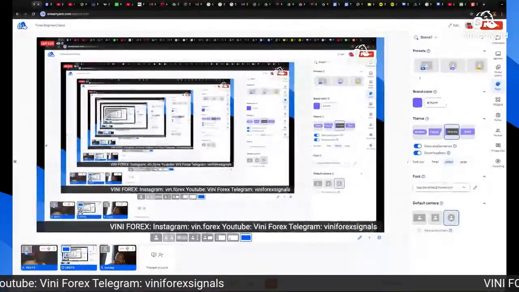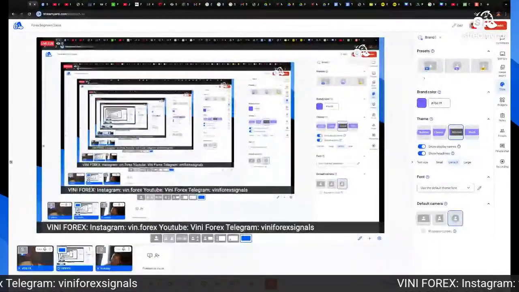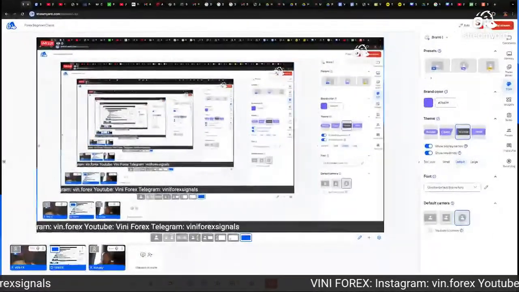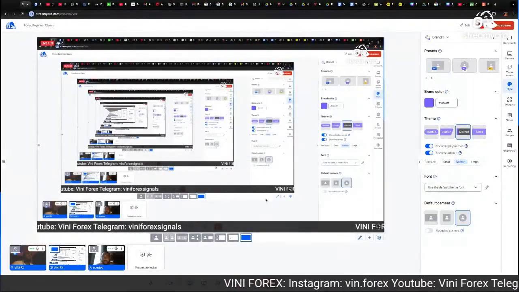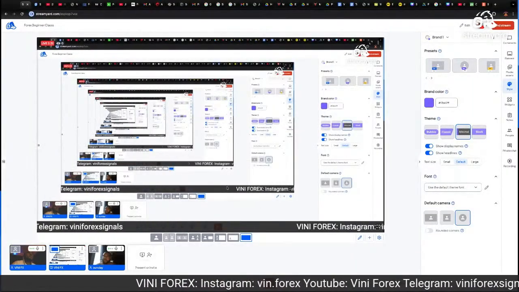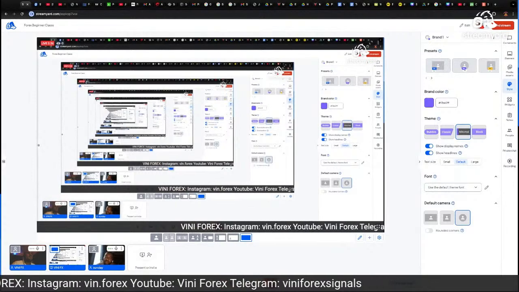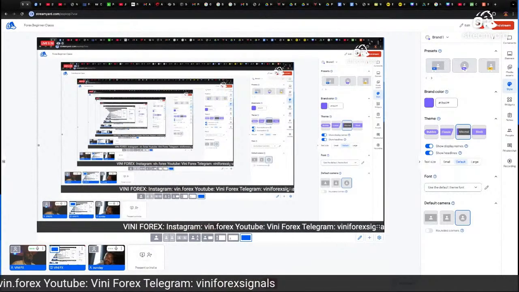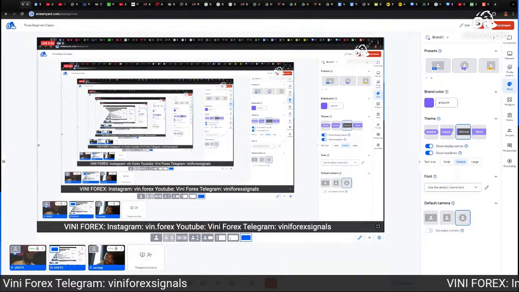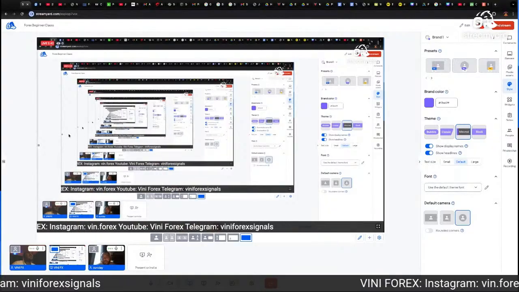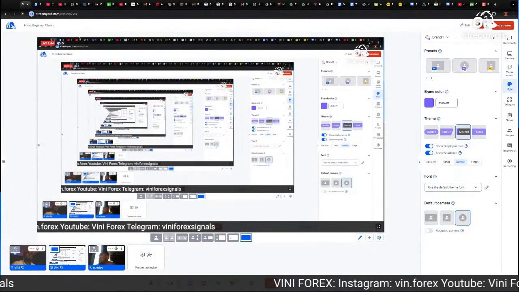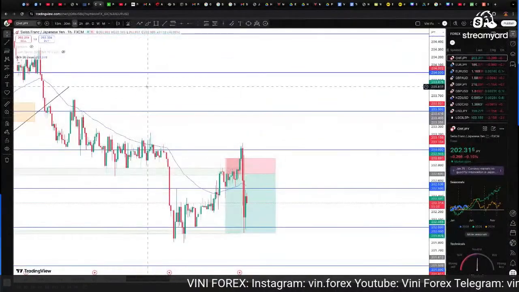How do you see the screen? Is it somehow bigger? Yes, sir. Is the screen bigger now? Yes. You like it this way? Audio okay. Yes. It's bigger than before. It fits better now. So, do you see the chart bigger?